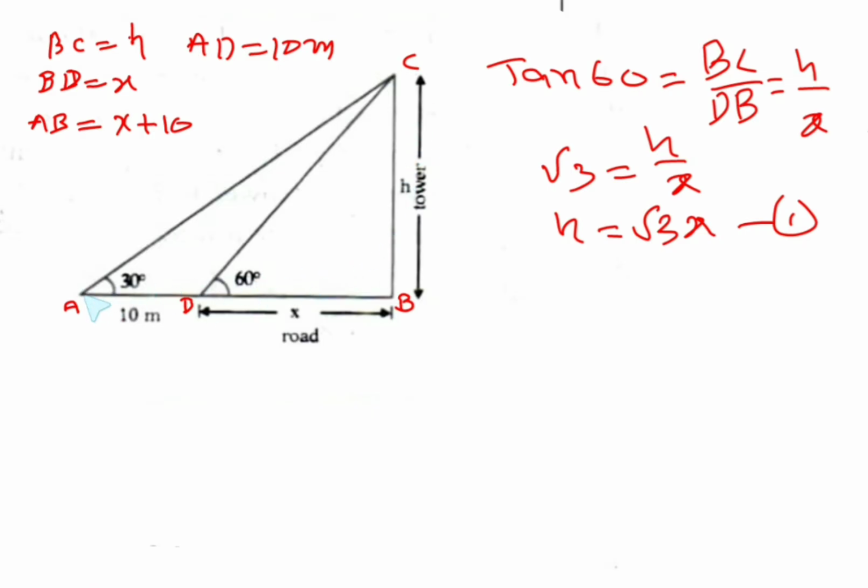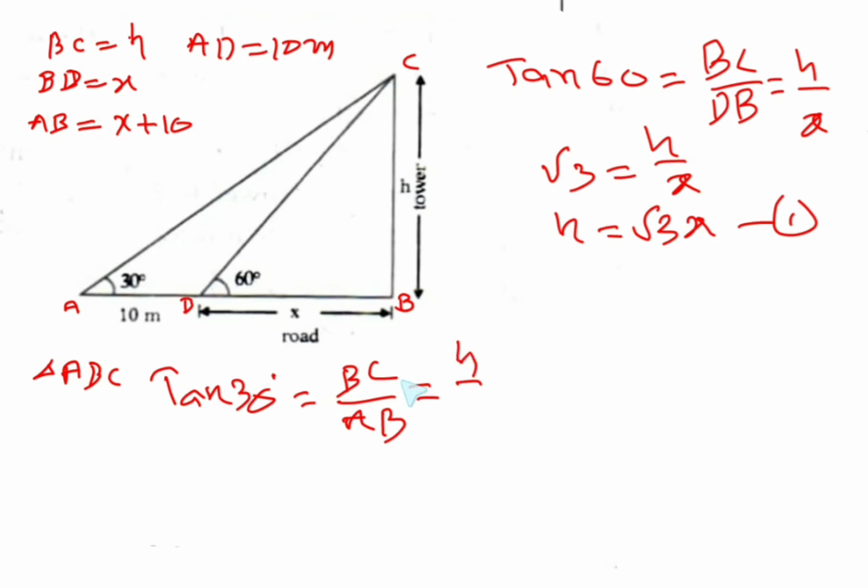And also from the ABC triangle, we can write tan 30 degrees is equal to BC by AB. The BC is h and AB is equal to 10 plus x.